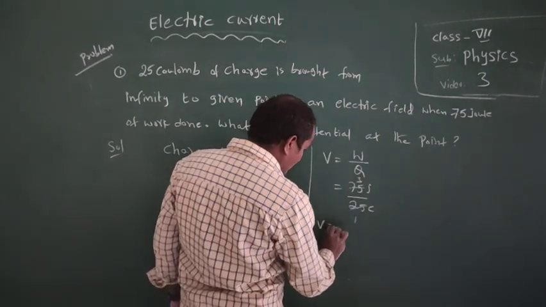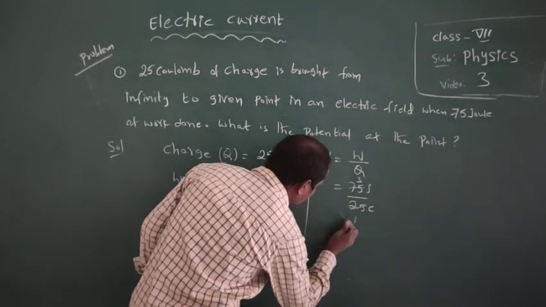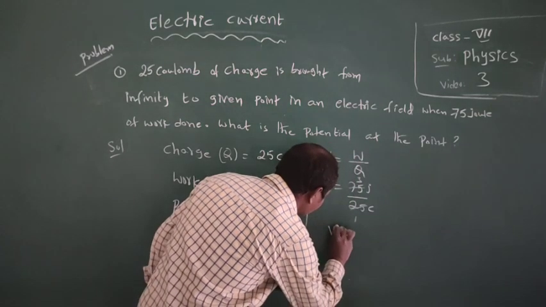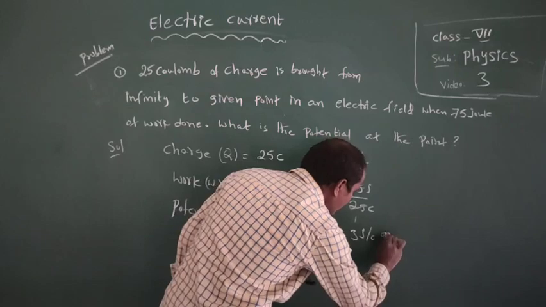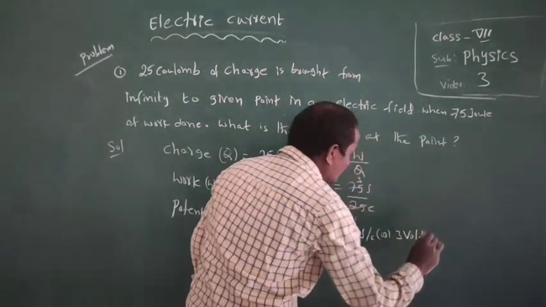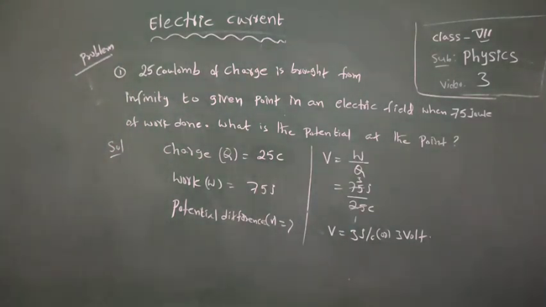So V equal to 3 joule per coulomb, or we can write 3 volt. It is the potential difference between the 2 points, infinity and the given point.